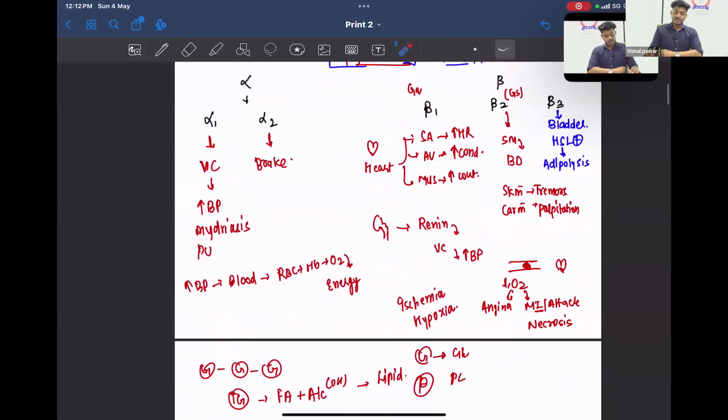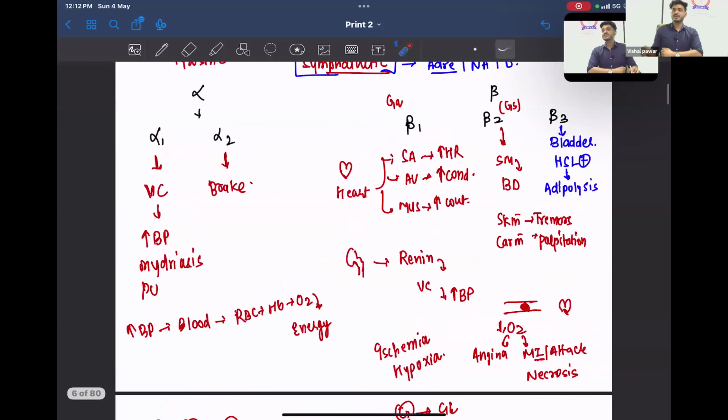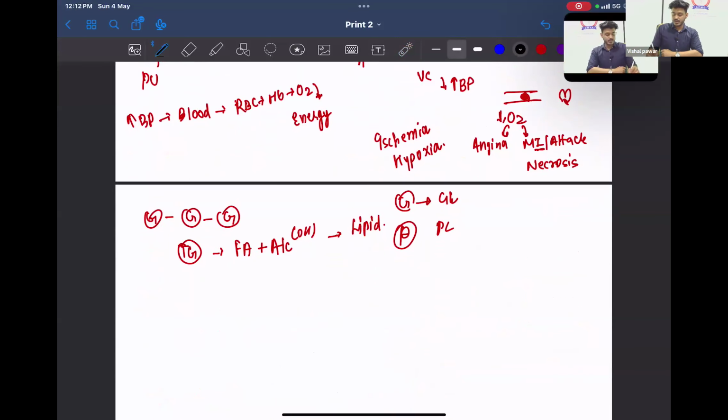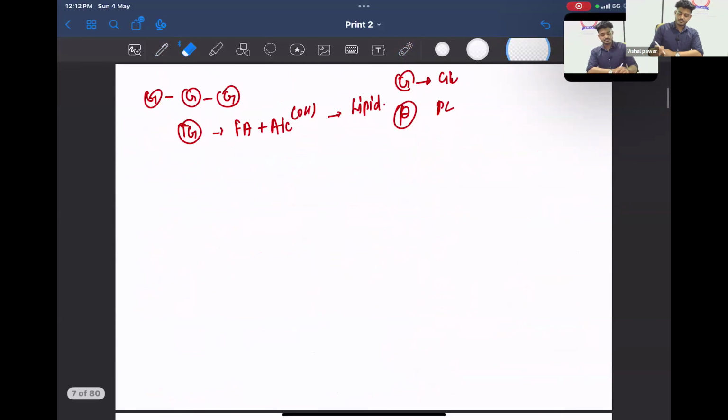Now you tell me, if a patient is going to come to you, let me just apply it, if you can understand this. Okay, then we will move forward. If a patient is going to come to you with cardiac arrest, you know the difference between all these things? Yes or no? Heart failure, cardiac arrest, myocardial infarction, angina, all these things. You know the difference? What is cardiac arrest?